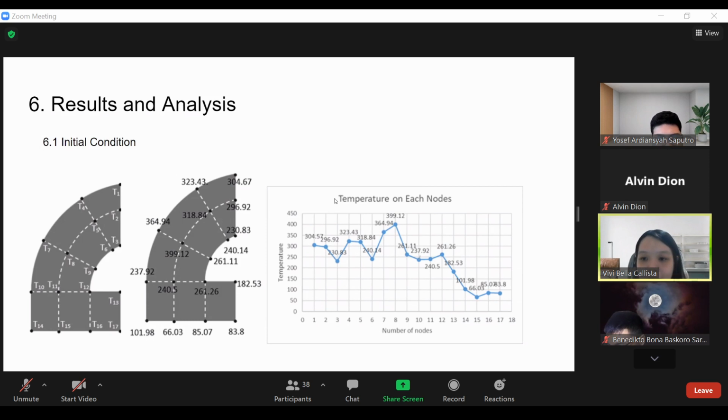We assume this is because of the large area exposed to the field inside the tube. Also, on the bottom surface, the largest temperature is on node 14, followed by nodes 16, 17, and 15.